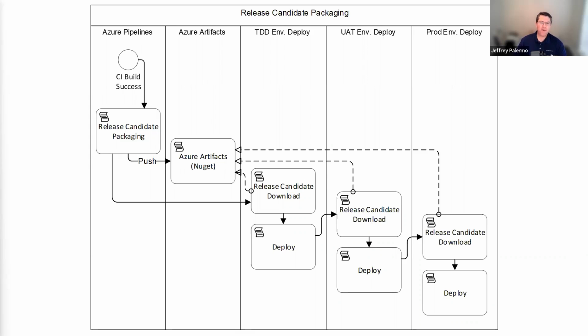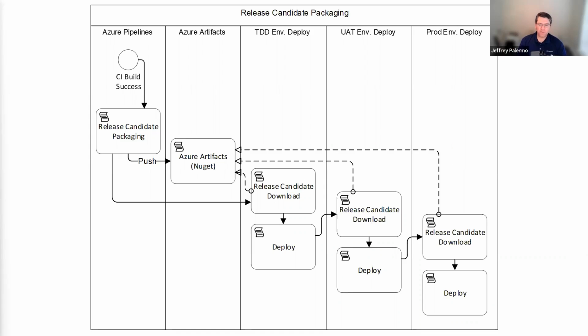However many unique processes need to be deployed for this version, that's how many NuGet packages, or zip files, or little miniature Docker containers you're going to have. But that all represents a single release candidate. It has a name, it has a version, and we're going to store that in Azure Artifacts.